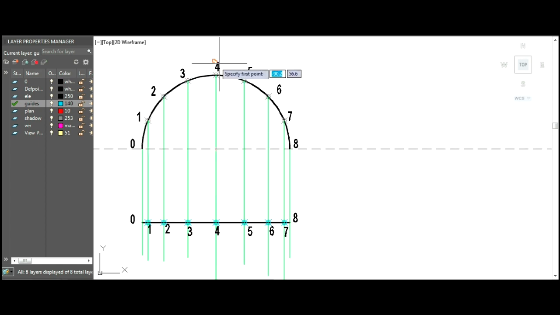So now we have drawn the semicircle in elevation as well as plan, divided it into 8 parts, and projected the points onto the plan. Okay, so from here to draw the shadow, let's start from 1 by drawing the 45-degree light ray in plan as well as in elevation.